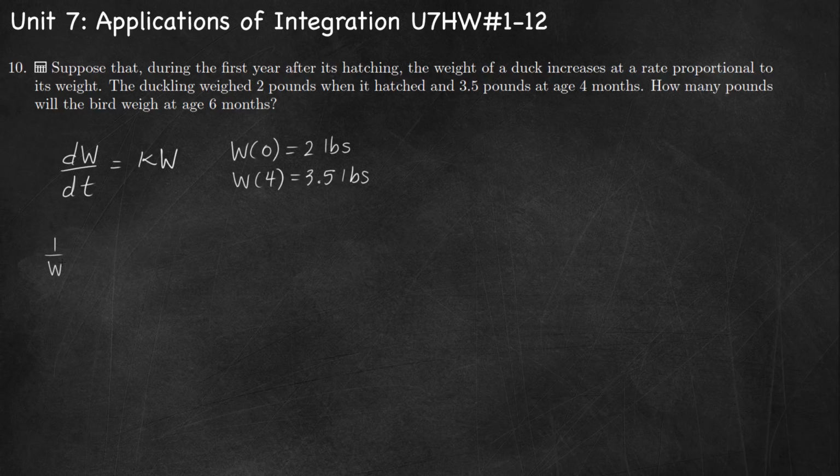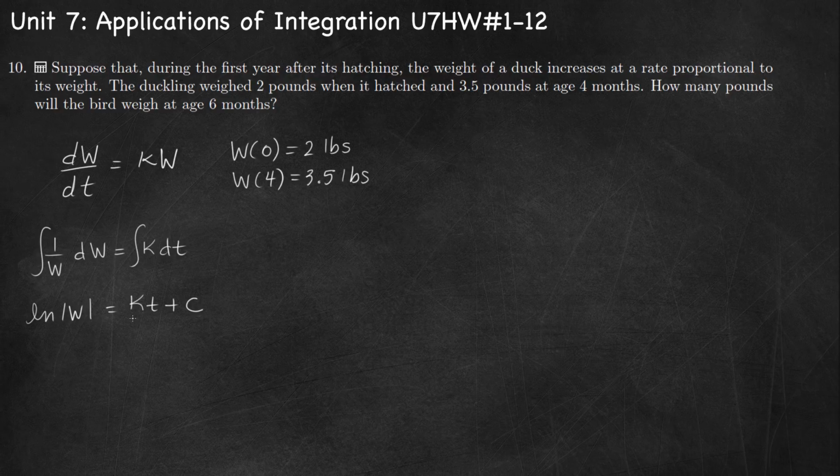We get 1 over w dw, multiply both sides by dt, so equals k dt, and then integrate both sides. So I get ln absolute value w, we'll save the c for the other side, equals kt plus c.